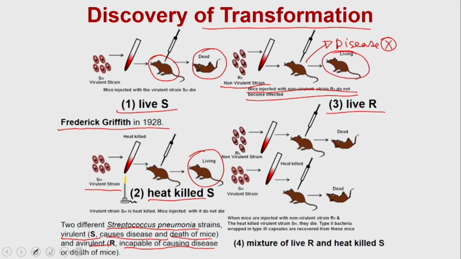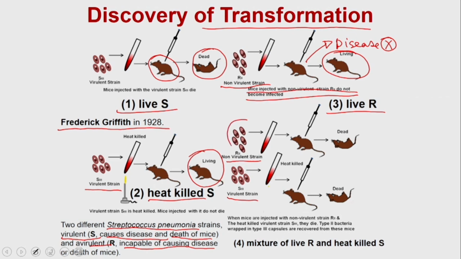Now, in the 4th set of experiment, he has taken the non-virulent strain. Non-virulent strains are not killing the mice, or not developing the disease, and then he has mixed the heat killed virulent strain along with the non-virulent strain.